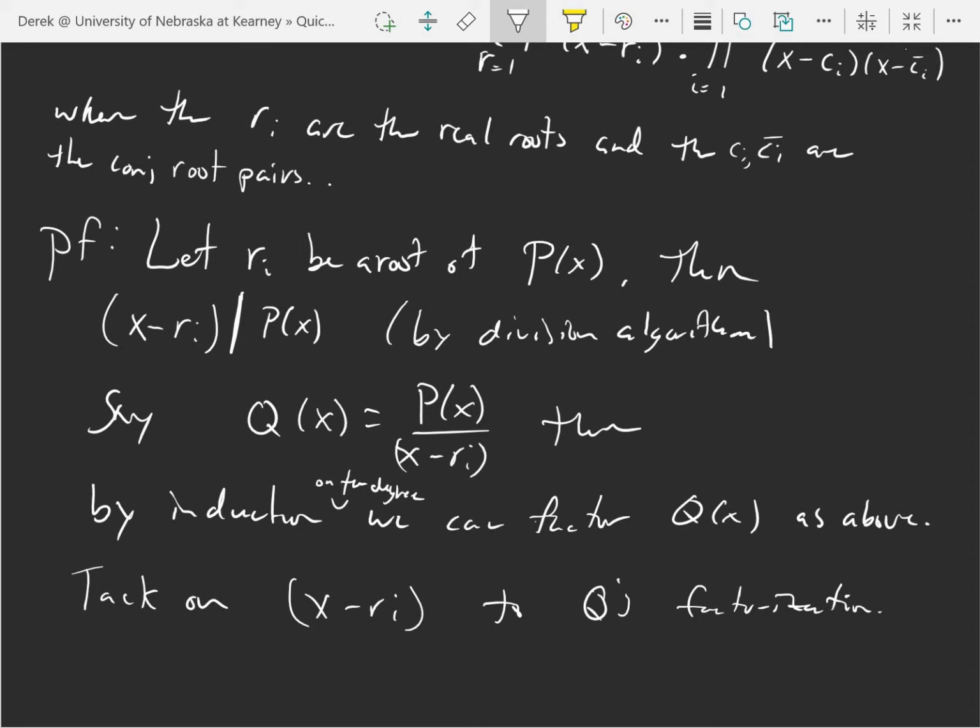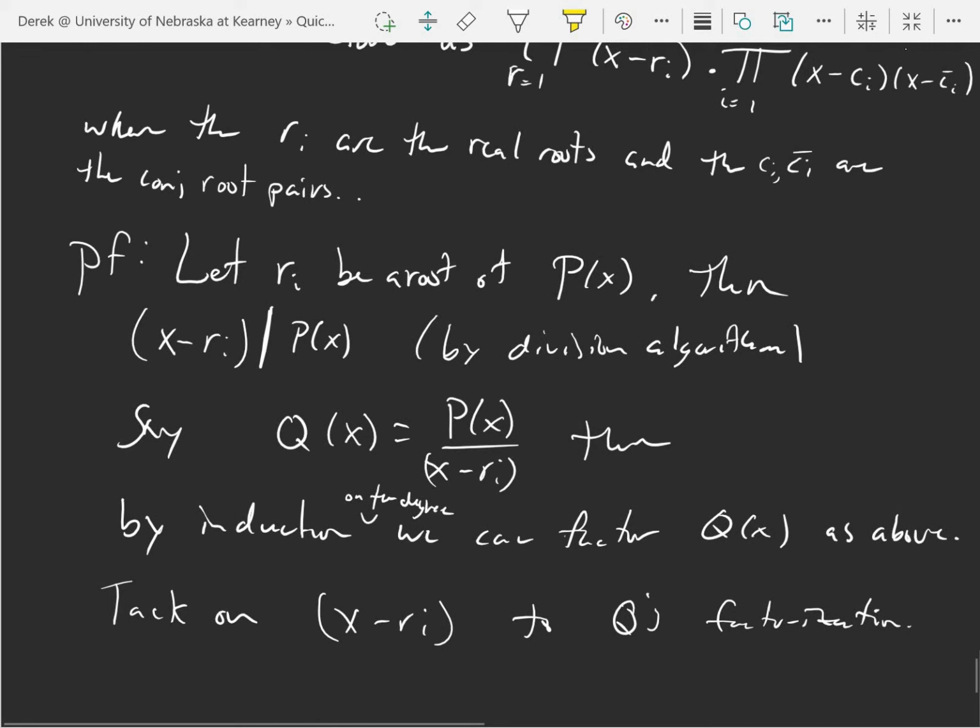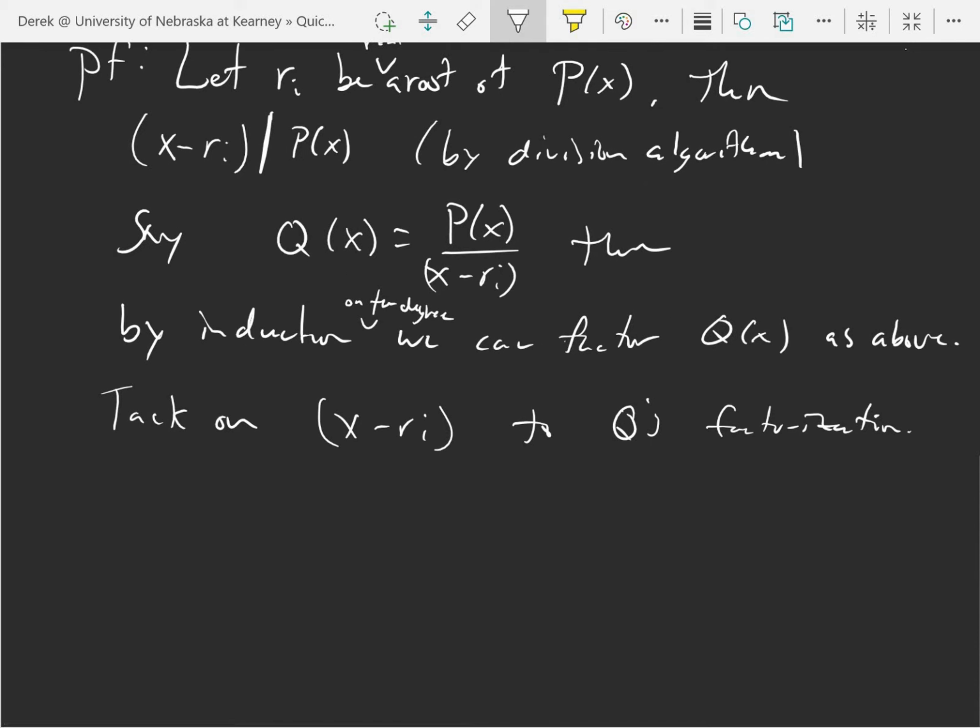So this is if r was a real root. If r is not real, then we do the same thing. Otherwise, let c_i be a complex root.